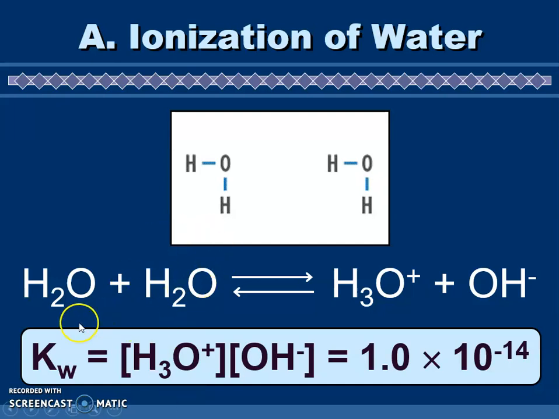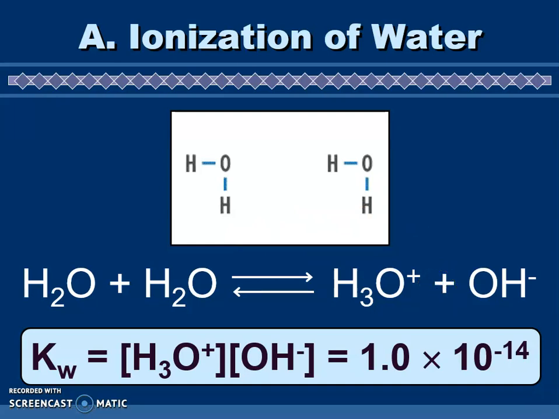Our constant equilibrium for water is when the water is switching into hydronium and hydroxide ions equally back and forth, turning into water, turning into hydronium and hydroxide, turning back into water. That's when it's equal.